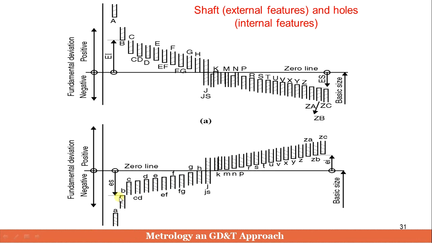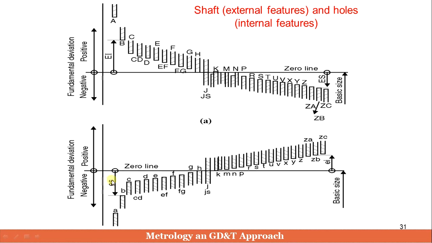If we try to understand the B type of shaft over here, the top portion indicates the upper limit for that shaft, and the bottom indicates the lower limit of the shaft. So es represents the upper deviation over here. The distance from the upper limit, as we discussed, to the zero line is nothing but the upper deviation, which is represented as es.